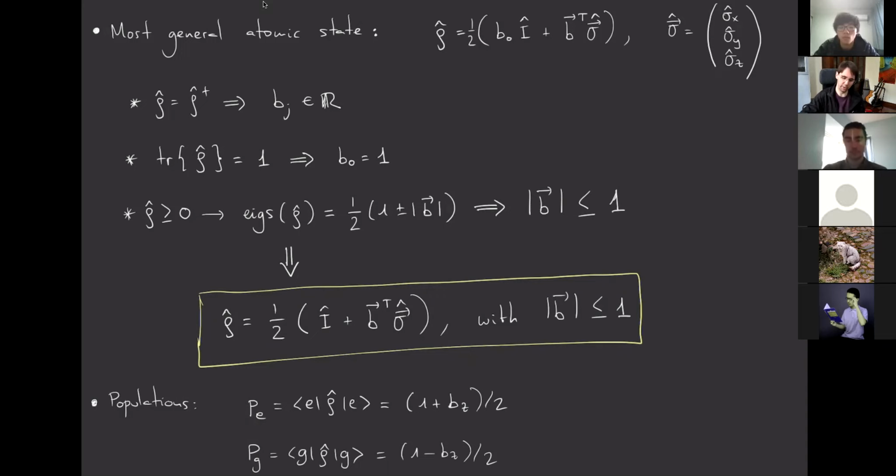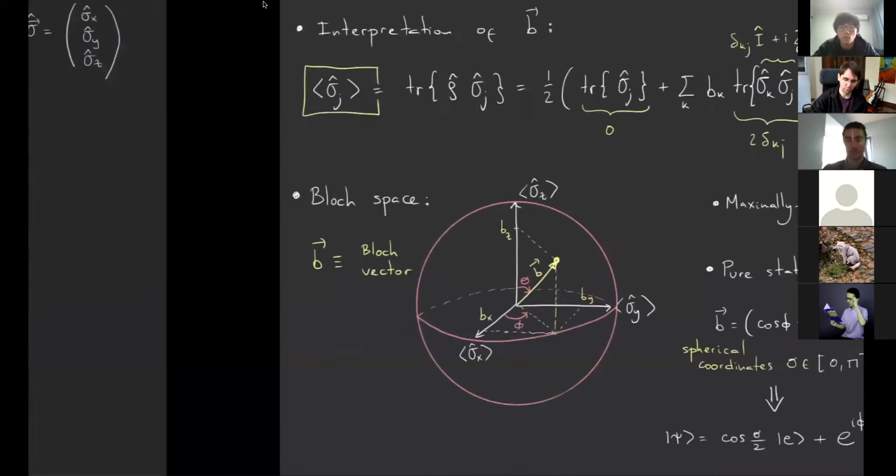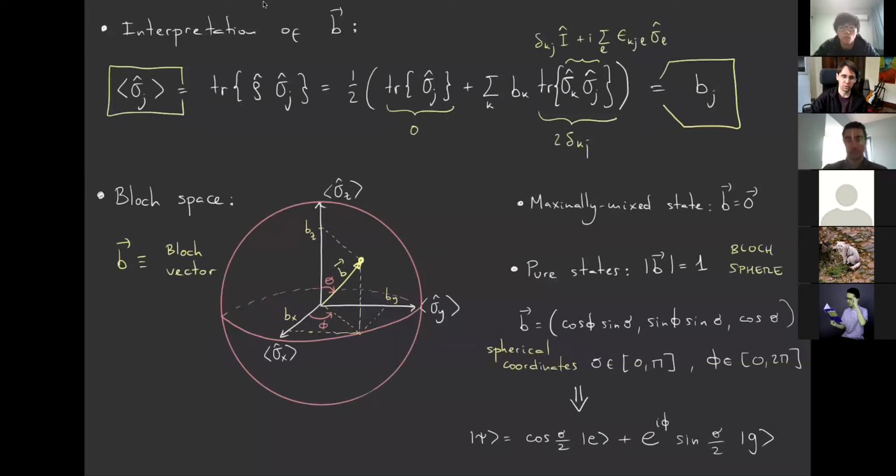And we give it a special name, populations. Okay, so I hope that this is clear. This is everything I want to tell you about how we parameterize states in quantum optics, so atomic states in quantum optics.